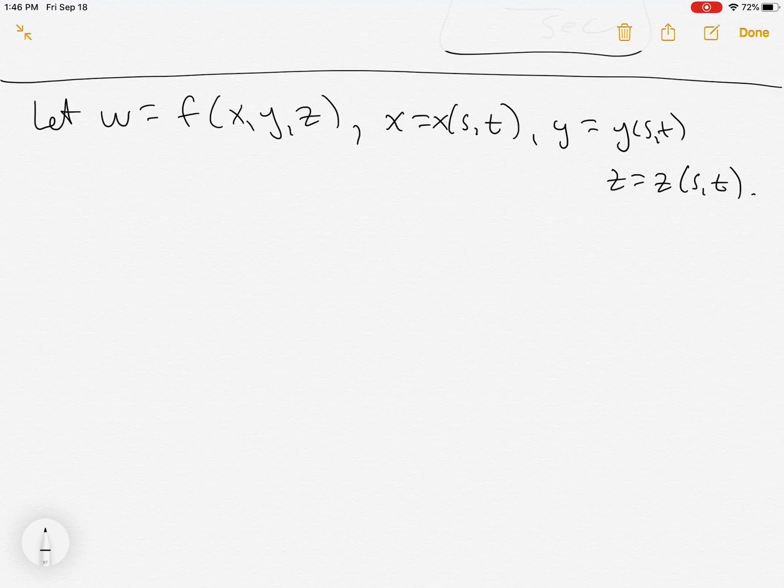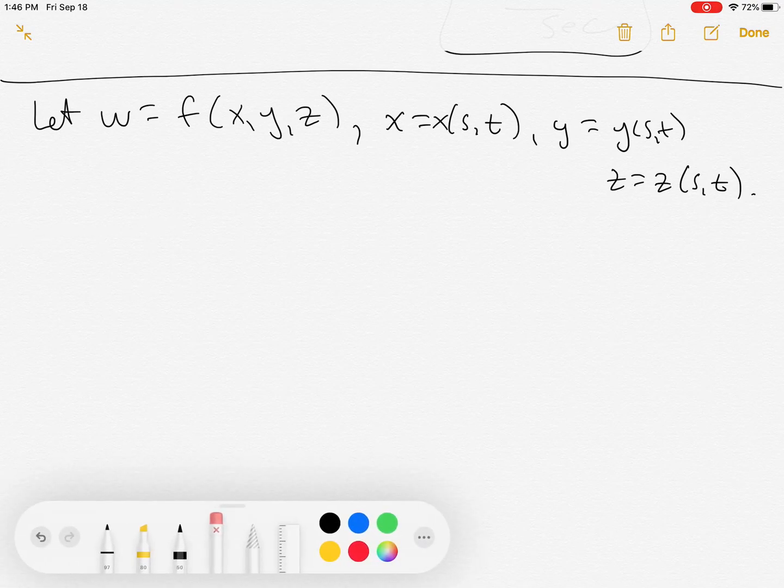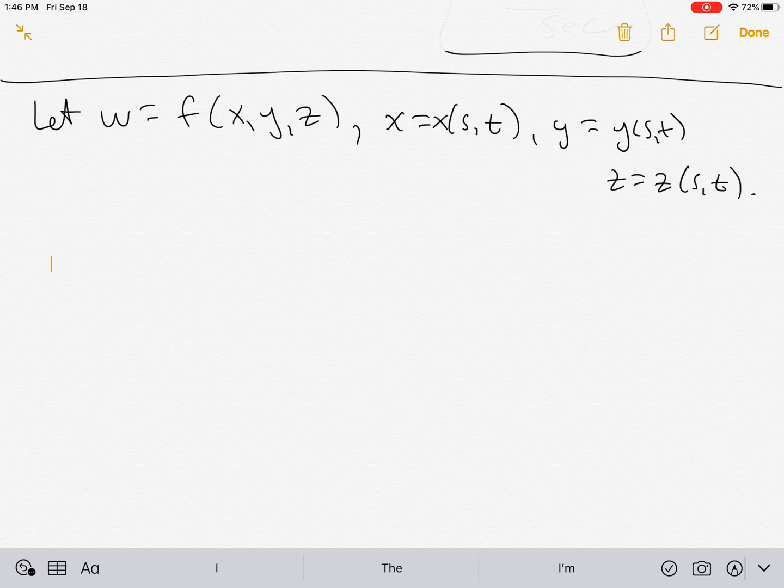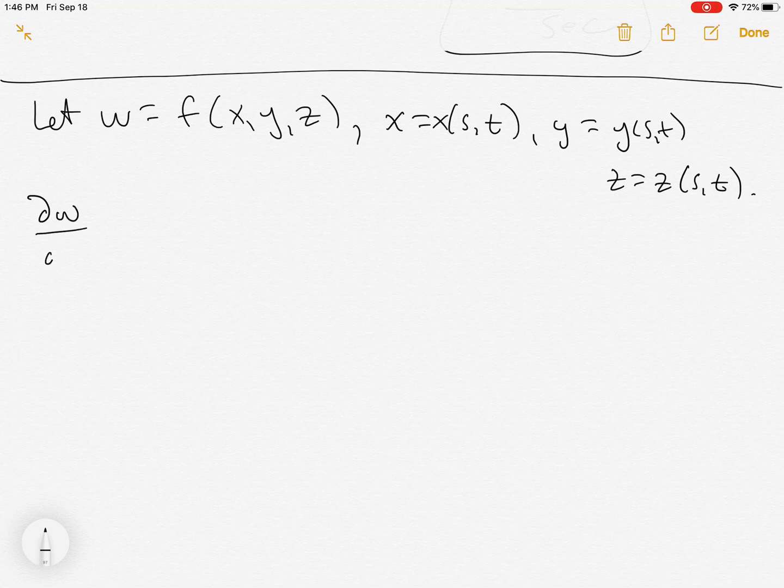Now we want to compute dw dt partial, because we can't now say just dw dt. Well, you just do what comes naturally.